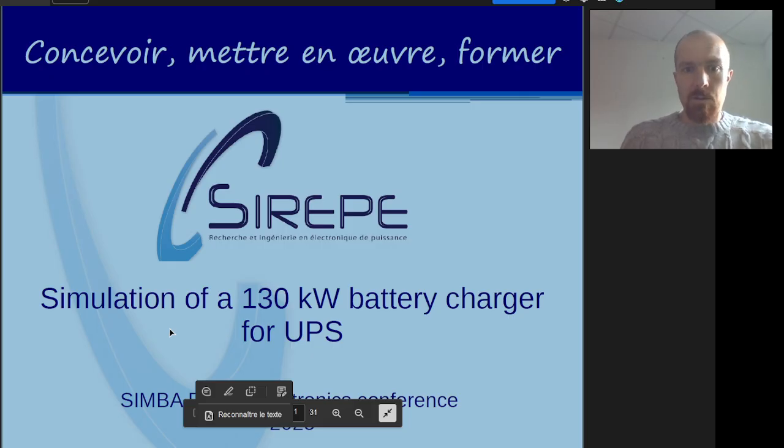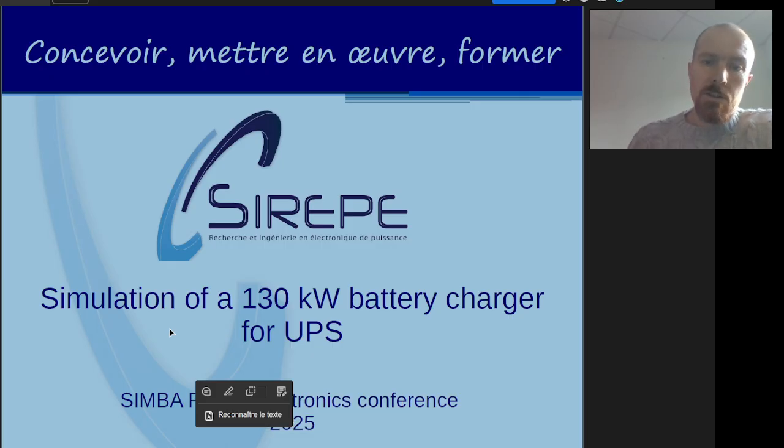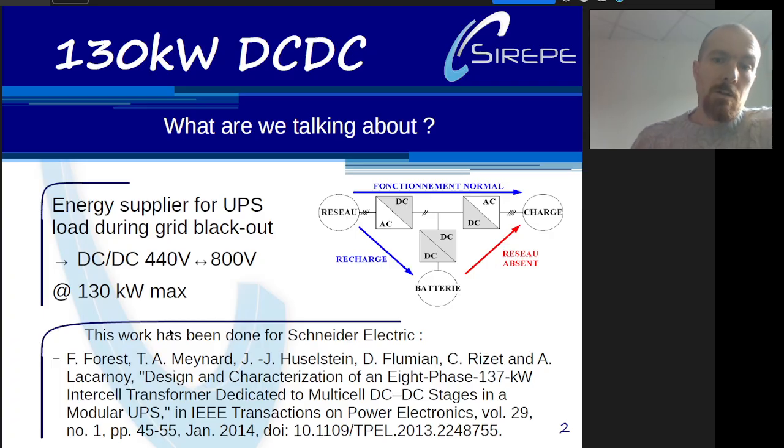This talk is about a simulation of a 140 kilowatt battery charger for UPS. So what are we talking about? UPS is an energy supplier for critical loads during grid blackout, and converts the battery voltage of 400 volts to the DC bus of the UPS, 800 volts, at the maximum power of 130 kilowatt.